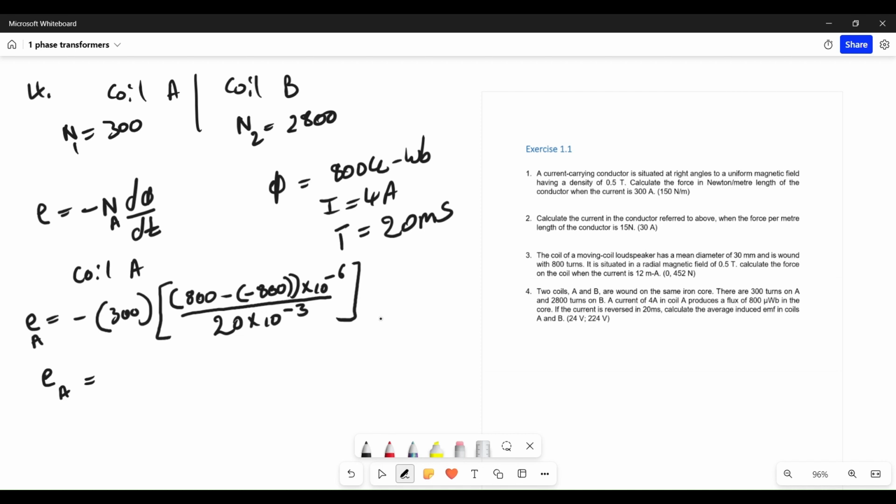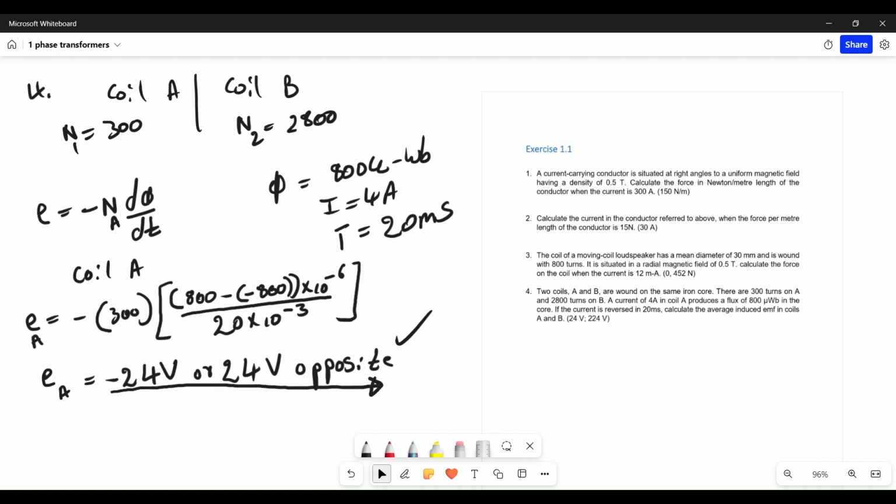So I'm getting negative 24 volts, or 24 volts opposite. Don't be confused by the negative because it's induced EMF, it's opposite. So this negative is for direction. So we got the one for A.